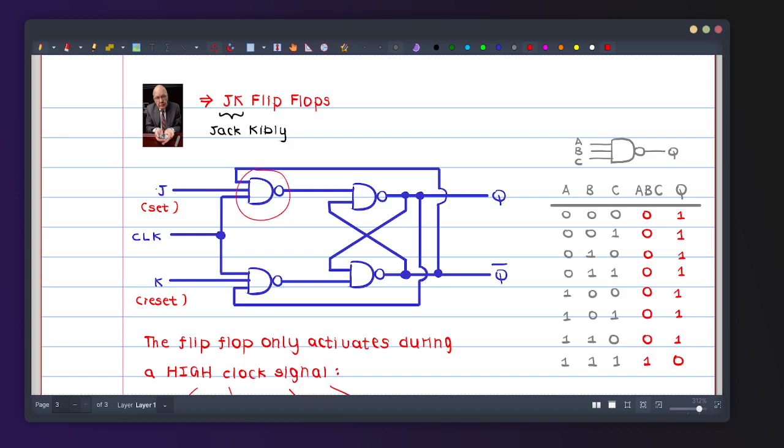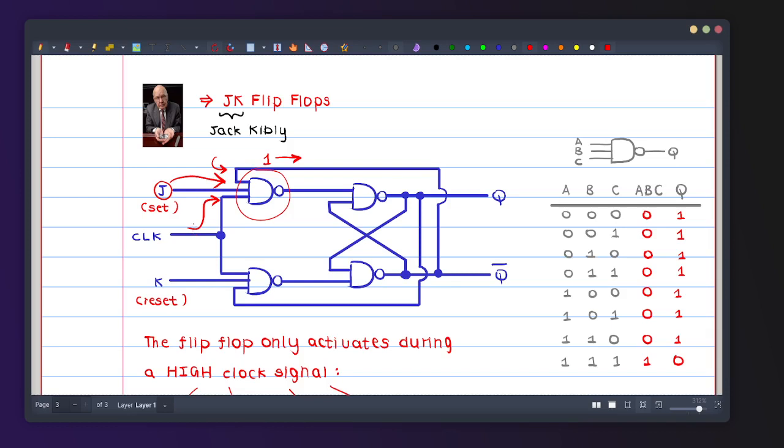This NAND gate takes in J, the set input, the Q complement input, which is the Q complement from the previous time interval passing in at the current time interval, and we have a clock signal. Now, the idea is, notice that this NAND gate will only output a 1 when J is on, when Q complement is on, and when the clock signal is high.